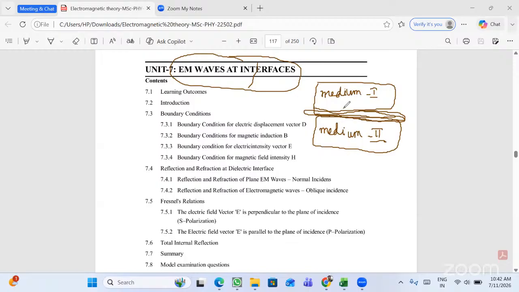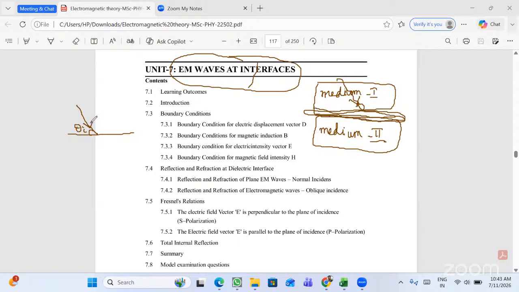Say if it is coming in this medium in this manner and interacting with the interface at a certain angle, that we will call the angle of incidence. Suppose I draw here, in this manner it is going to be hitting the interface. This we will call the incident angle, theta I, which we can represent here.